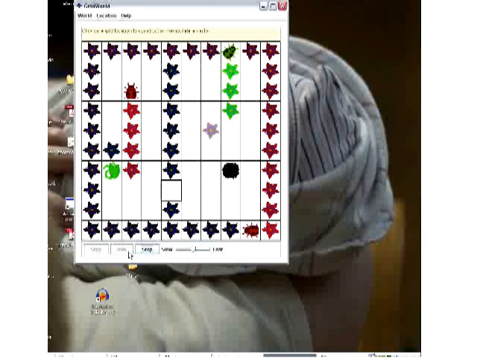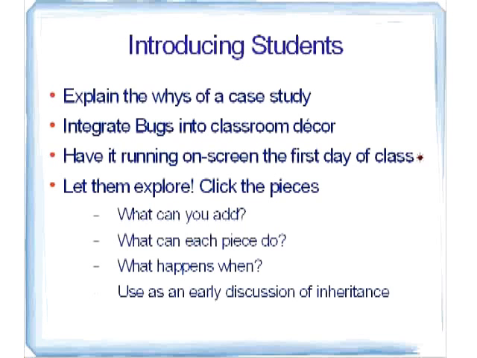Stepping through, running this first project, even before having them walk through the student manual. And have them do that. So I was kind of letting them explore. What can you add? What happens with each piece?